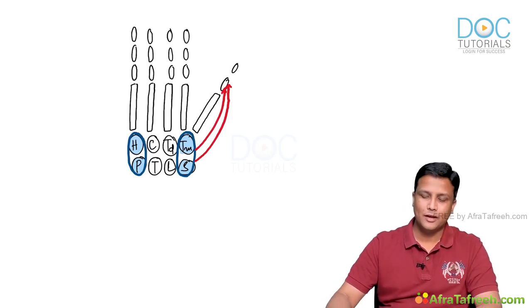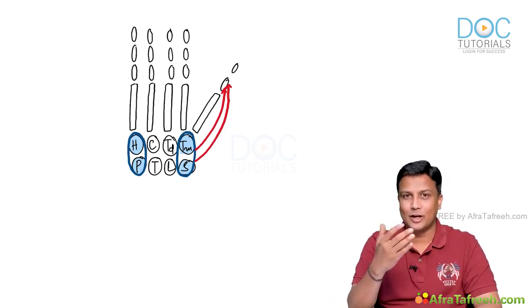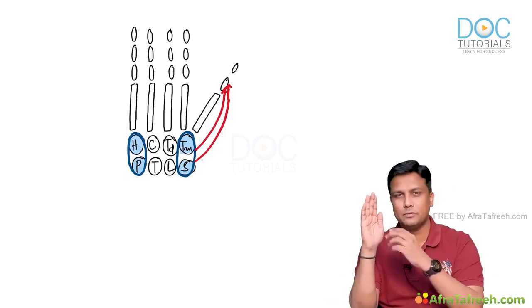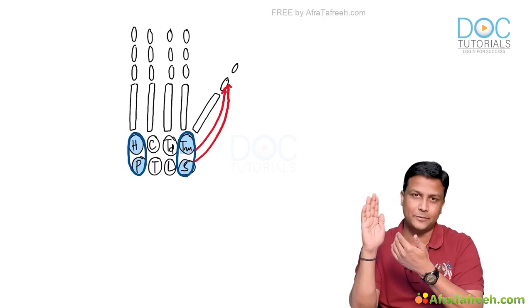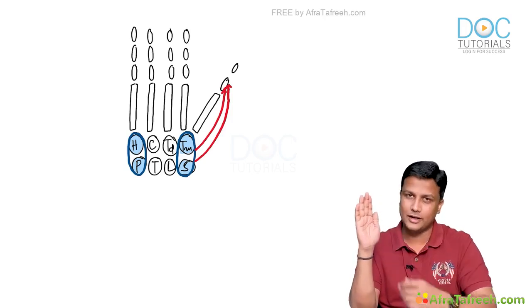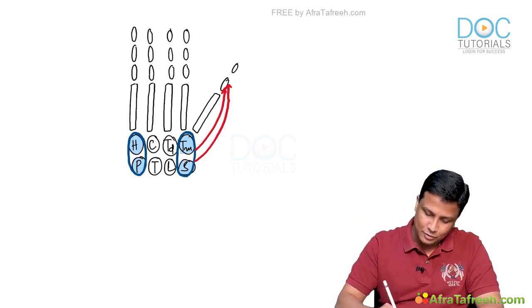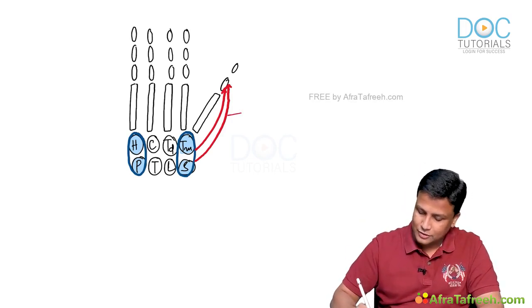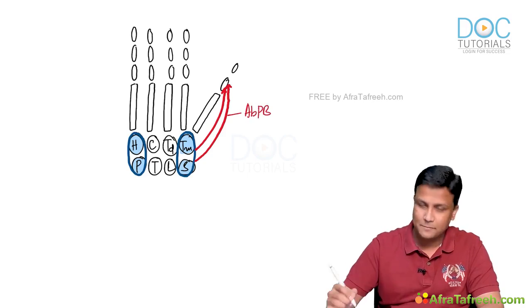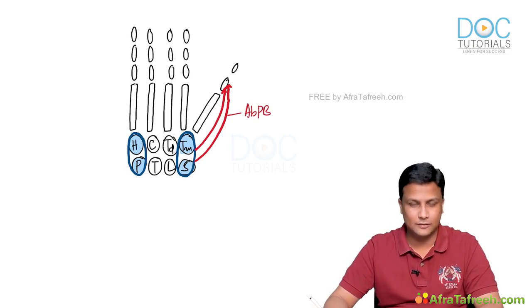I'll tell you. Again, use the same logic that I told you. In the thumb, which muscle will be more on the outer side, which has to actually do the abduction? The muscle present more on the outer side here will be your abductor pollicis brevis.